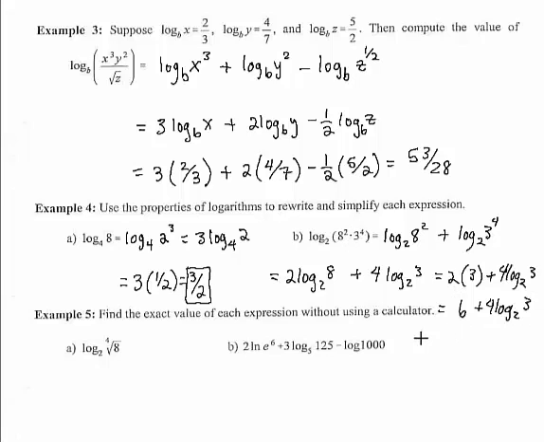Or we could try to go a step further just to get a number out of it and estimate what this number would turn out to be. This log expression simply asks the question, what exponent do we raise 2 to get 3? Well, if we raise 2 to the first power, we would get 2.